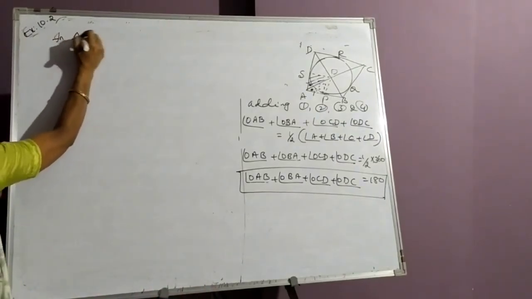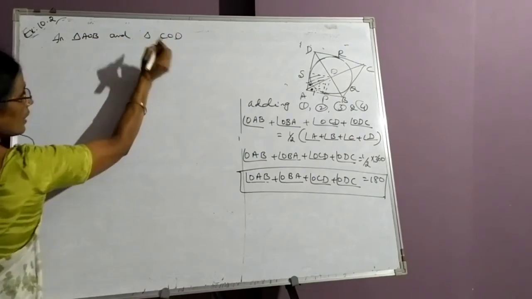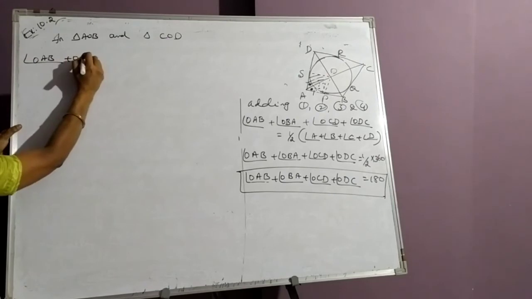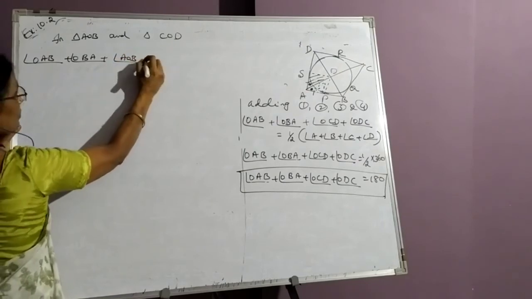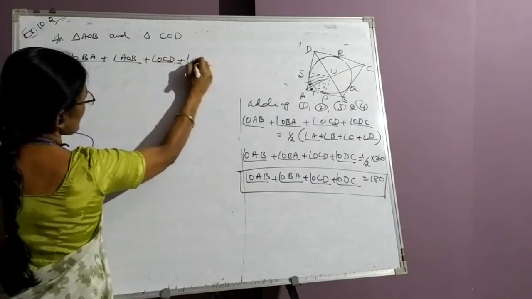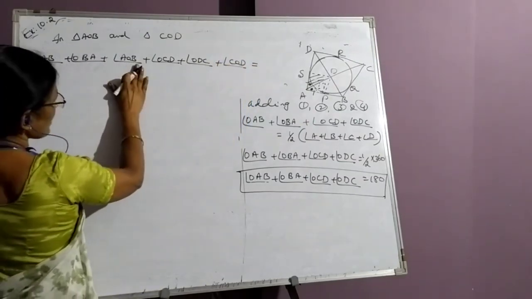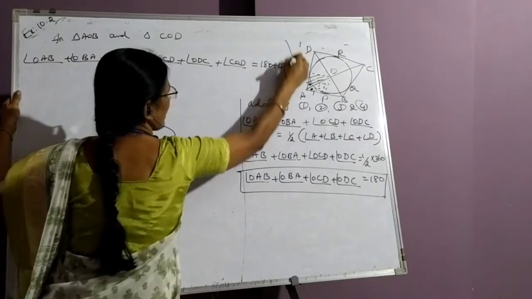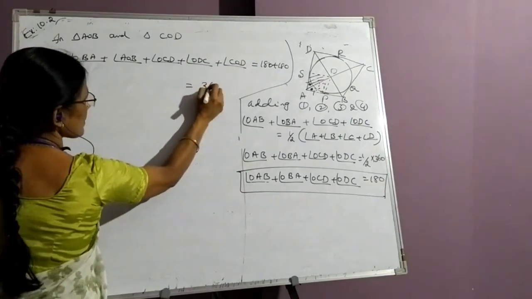In triangle AOB, we have angle OAB plus angle OBA plus angle AOB. In triangle COD, the angles are OCD plus ODC plus angle COD. These three angles make 180, these three angles also make 180, therefore we get 180 plus 180, which is equal to 360.